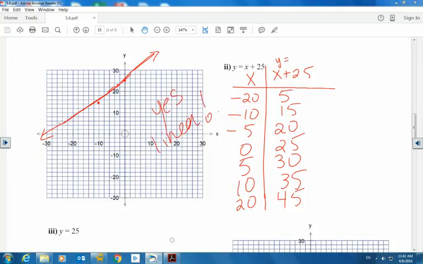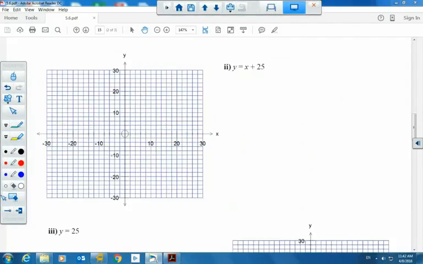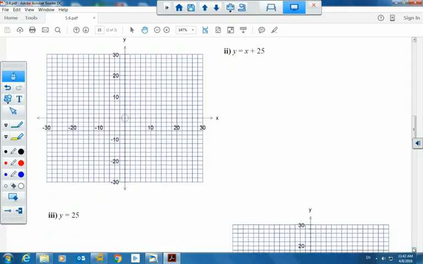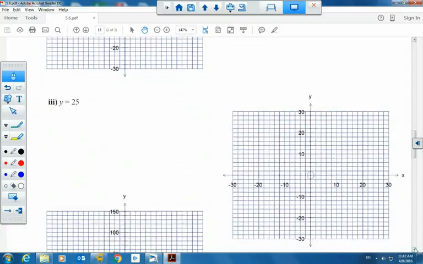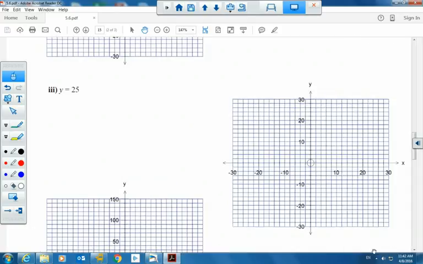Your reason is because all the dots are in a straight line. Okay. Next question. So now we're going to graph y equals 25.